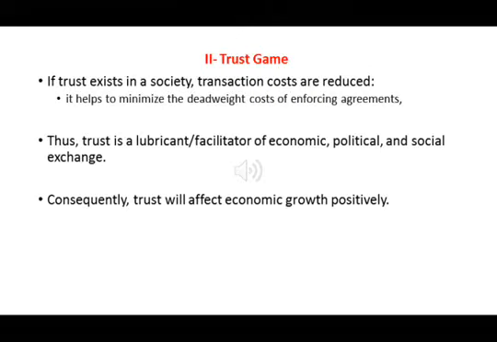So if voters trust that politicians or MPs are going to abide by their mandates, this will definitely lead to a positive effect on the relationship between voters and politicians. Consequently, all these things will have a positive impact on economic growth, as we will see in 2 slides from now.